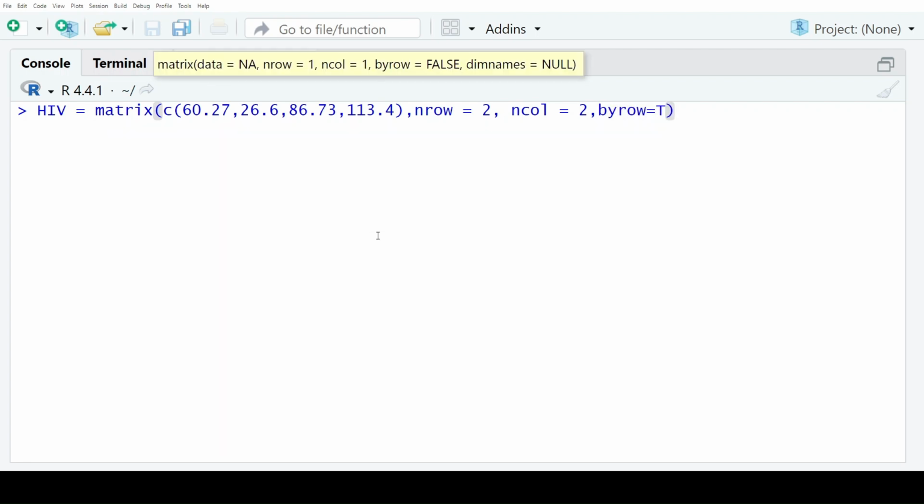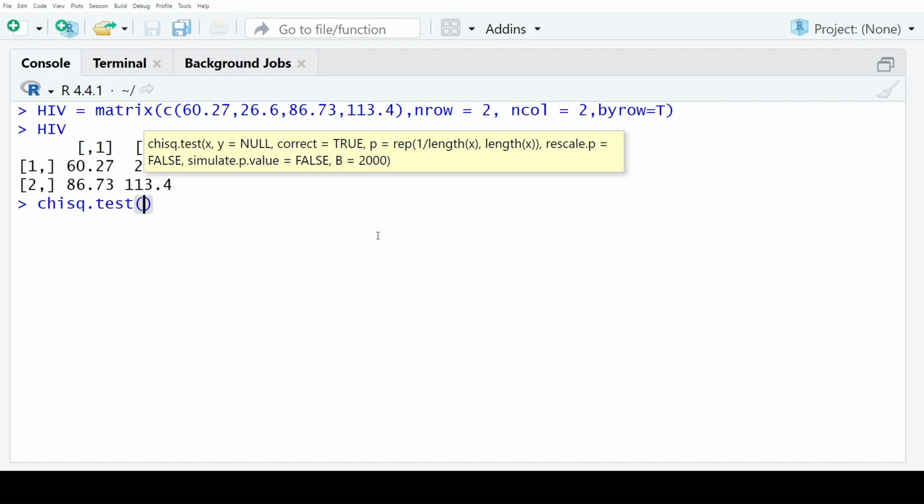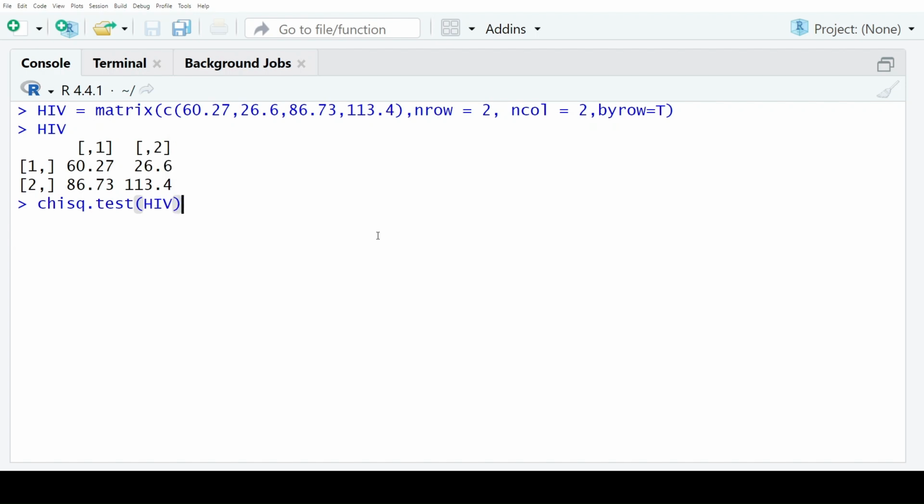Remember, if you go up and down, you choose FALSE. Double check my matrix, make sure I typed everything in correctly. That looks good. And now time to do the chi-square test of my matrix, and then $expected. Make sure you have that $expected on the outside of the parentheses. And all 4 of those values are at least 5, so I meet my size requirement.